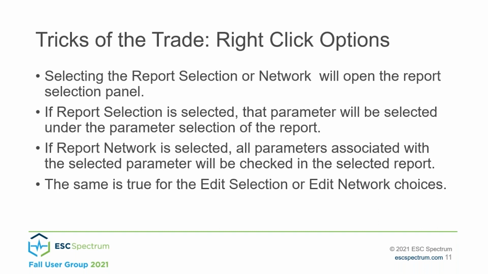So if you have granted access to utilize DataLab and you need to make adjustments, you want to select Edit Selection or Edit Network so that you can make those edits there, save, process now, whatever you have to do. And then when you pull up the reports with the pertinent parameters, they will be updated with the changes you made in DataLab.